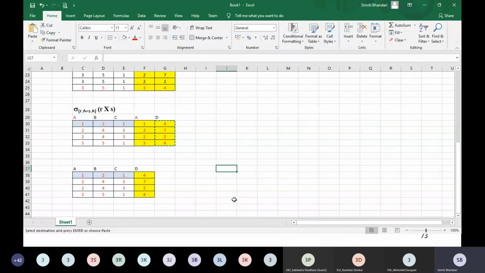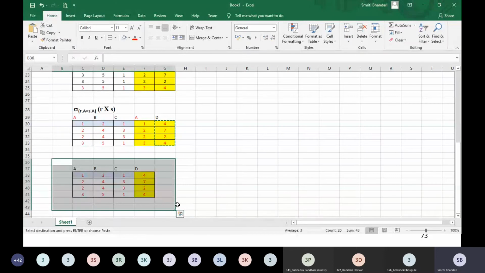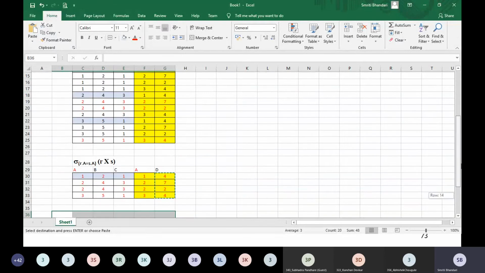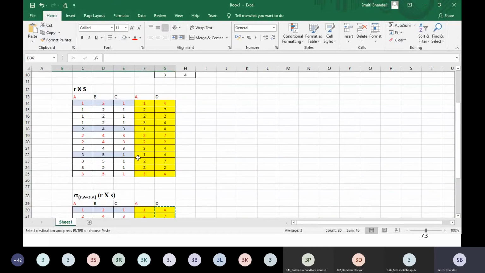Okay. So in my natural join, I'll be having the result like this. So this is my natural join. And this natural join can be computed by having a series of such operations.